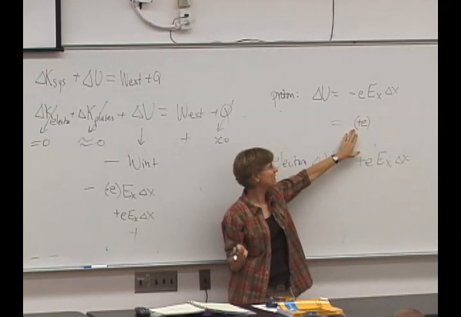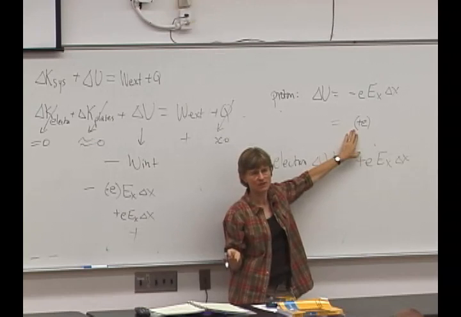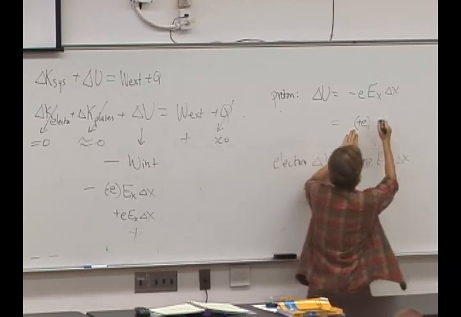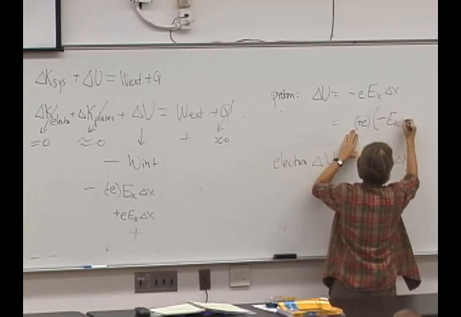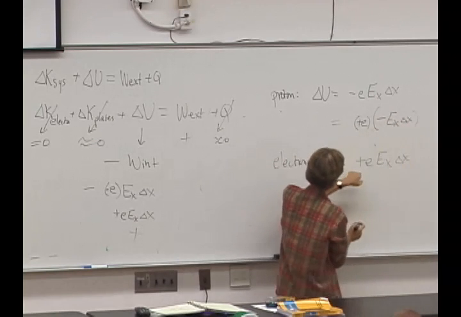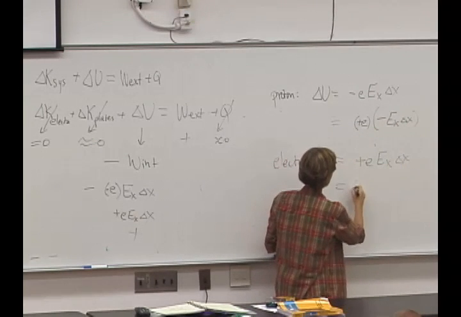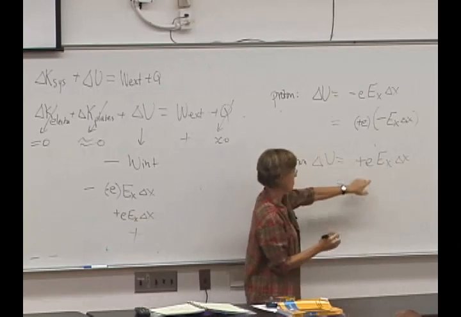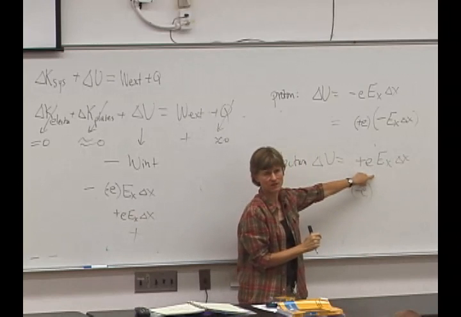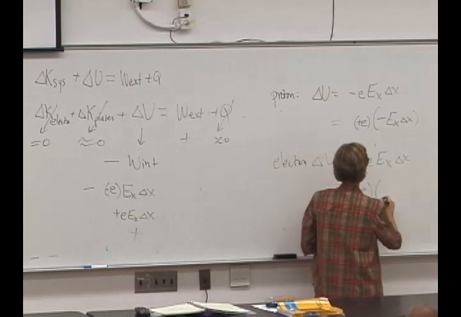So what's the quantity? It's plus e times what? It's going to be a minus E_x delta x. Here I want to write this as the product of the charge on the electron times some quantity. What's that quantity? Negative E_x delta x.